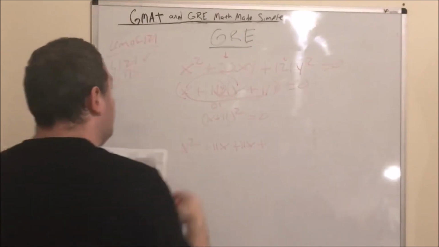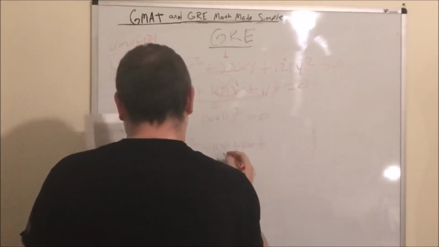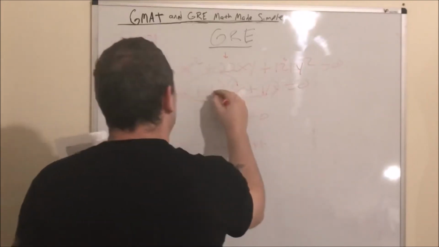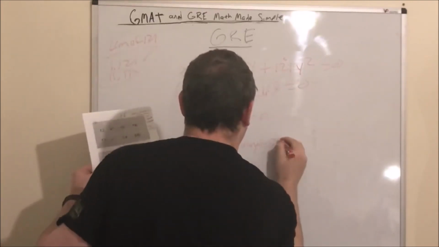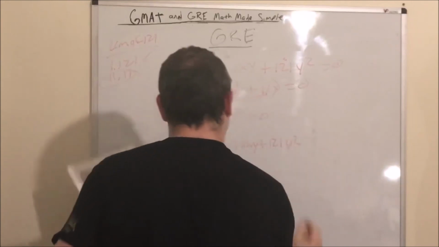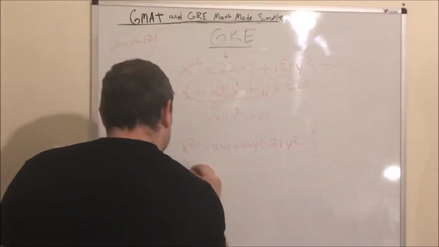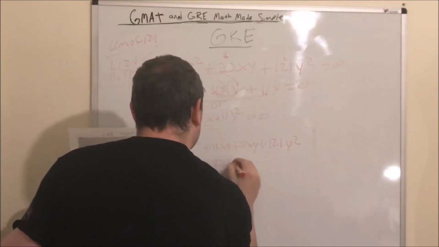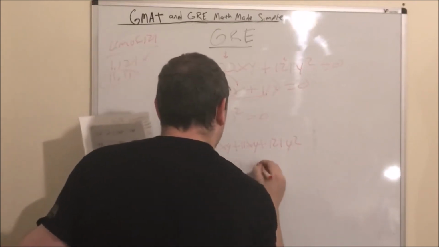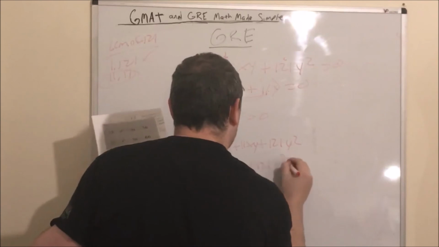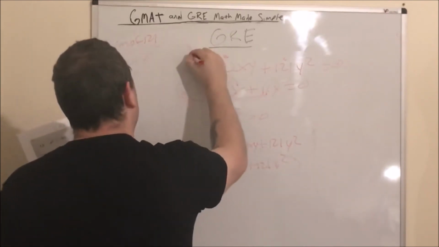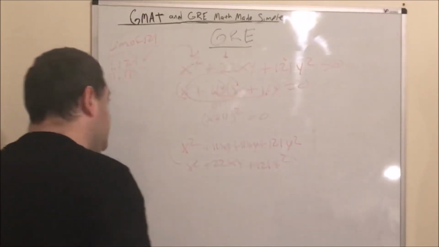So on the small part, I forgot the variable, so this will be xy and xy. And then 11y times 11y will be 121y squared. Now we have x squared, and we combine the like terms, plus 22xy plus 121y squared. And this right here is what we have for our original equation.